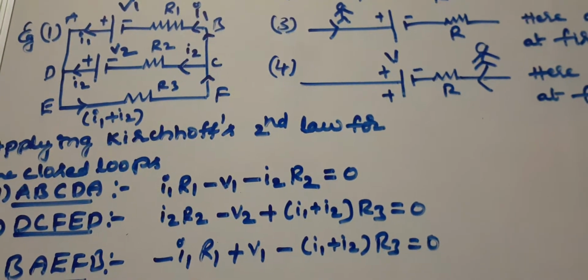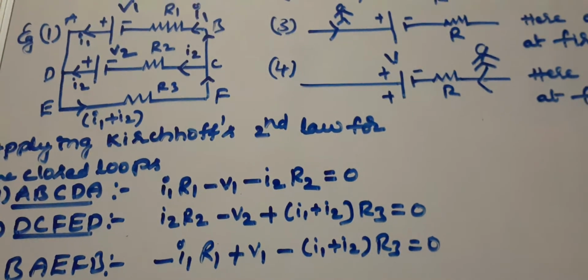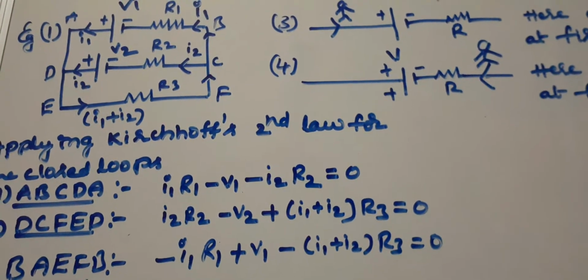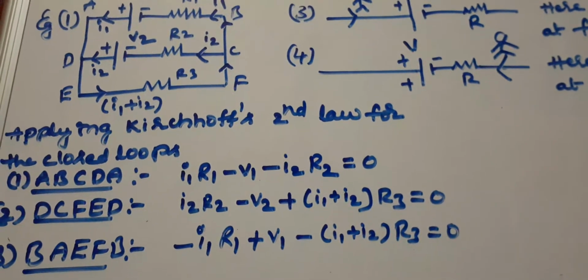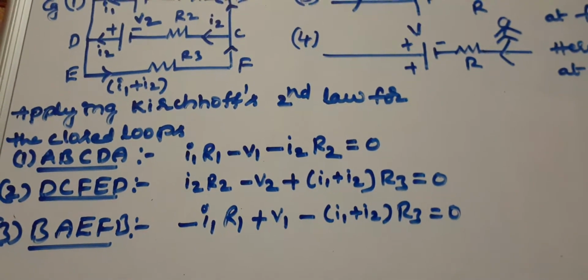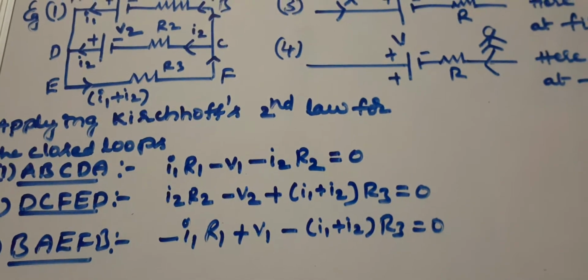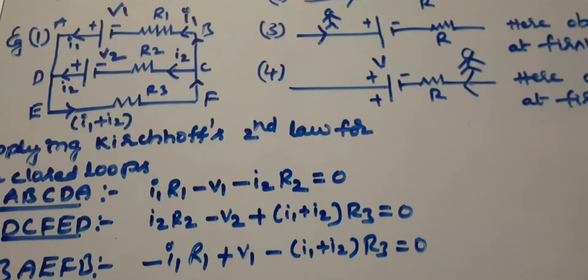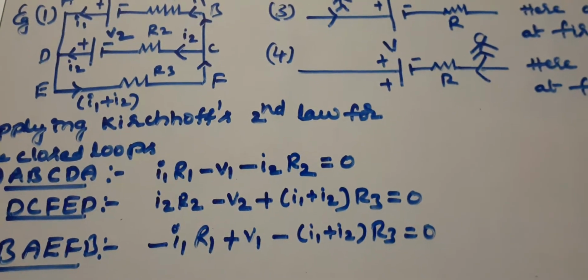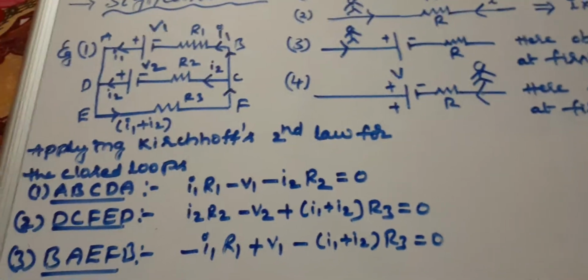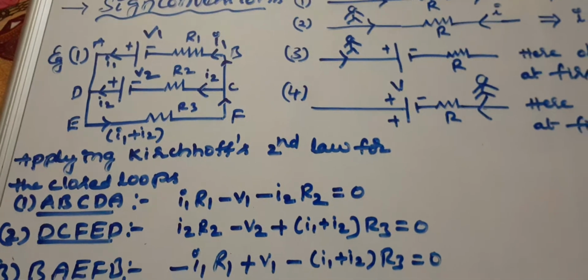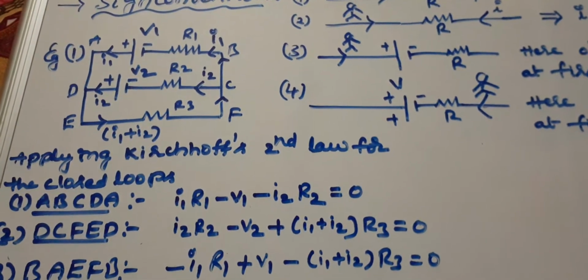Then C to F and F to E. From F to E, the current is moving from E to F while the observer is moving from F to E, opposite to current direction, so positive sign: plus current into resistance. The current here is I1 plus I2 and the resistance is R3.